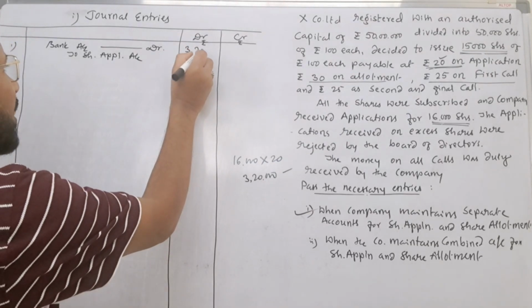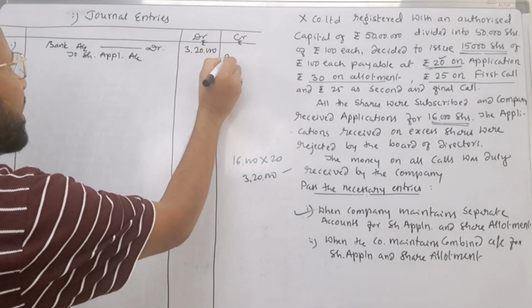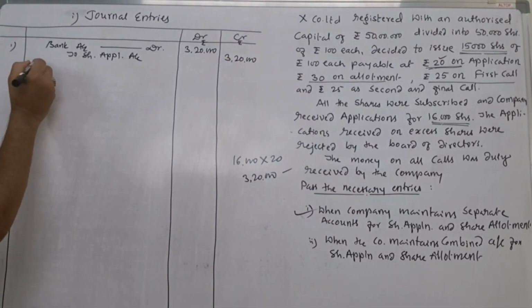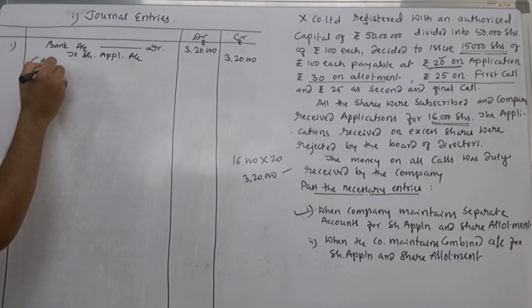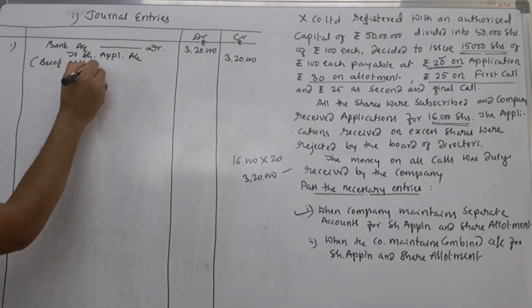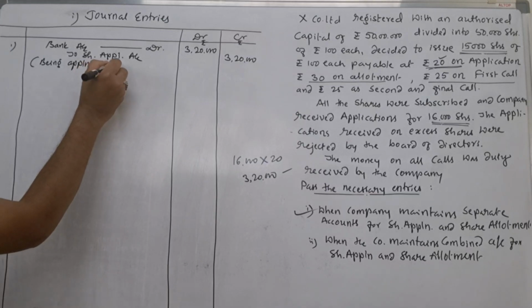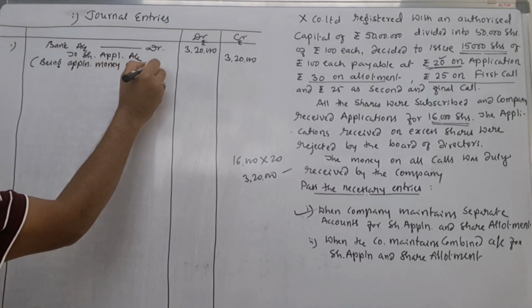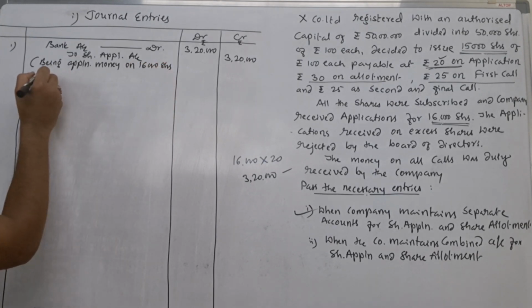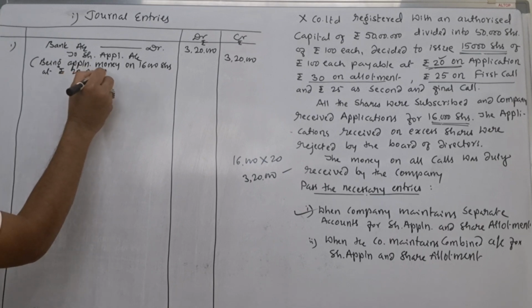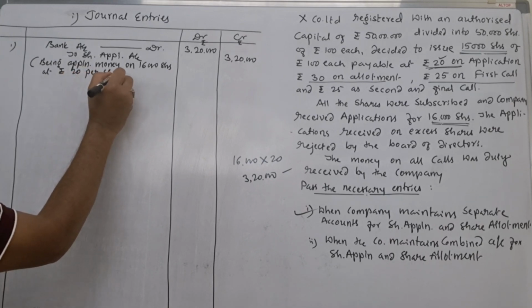Whatever the actual amount collected, we write here first. Rupees 3,20,000 and 3,20,000, being application money on 16,000 shares at rupees 20 per share received.